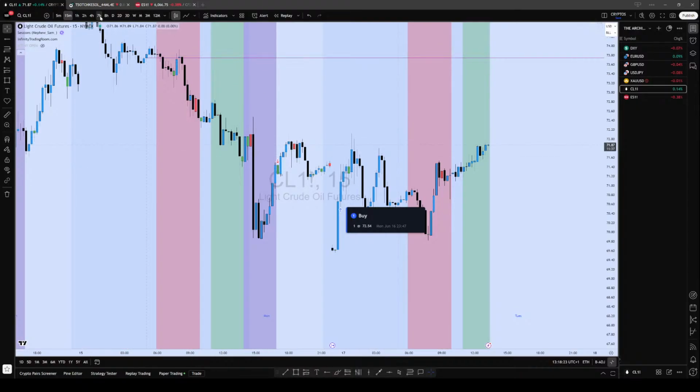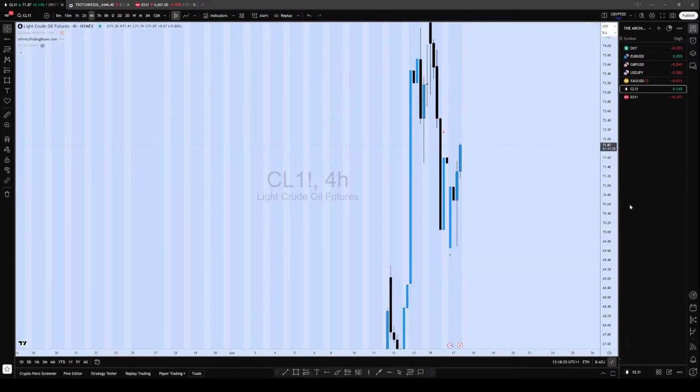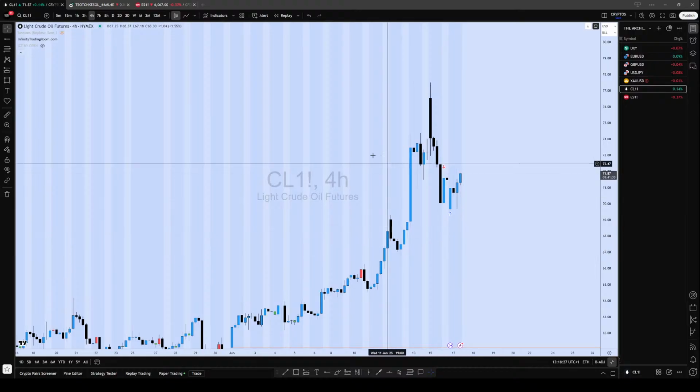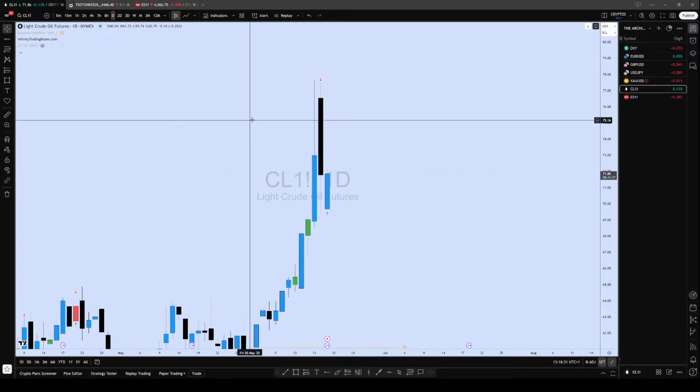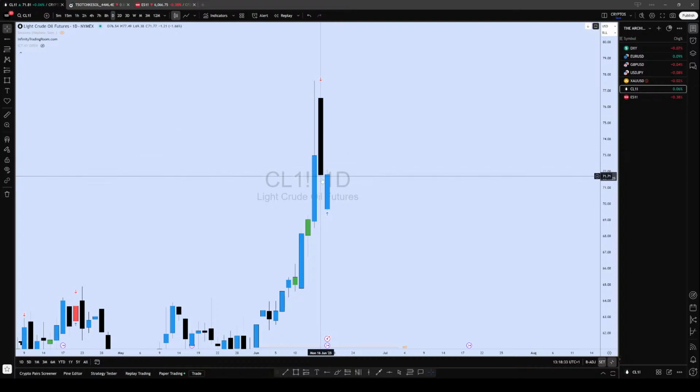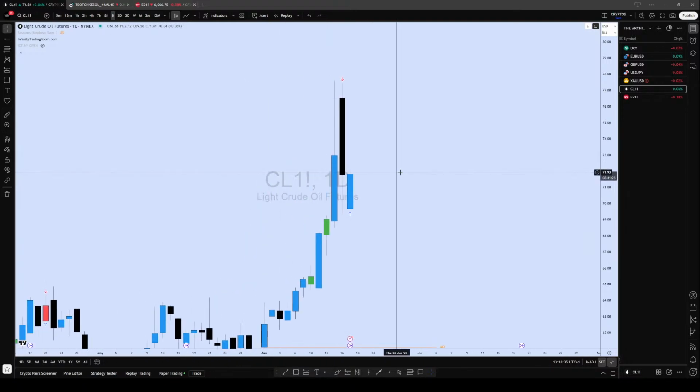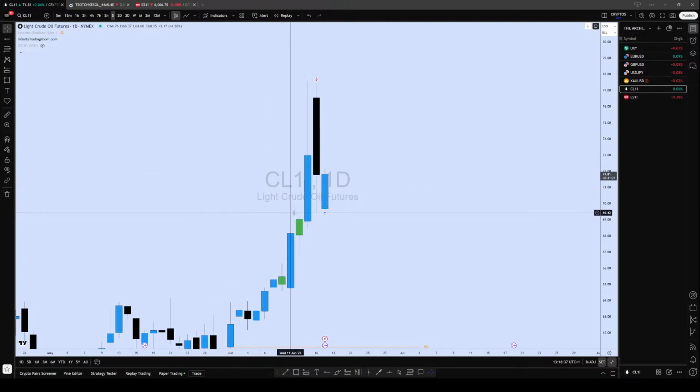But I'm still expecting price to actually drop down a little bit more. Again, the week is bullish. We are not bearish, we are bullish. So this is just a pullback. All I was looking for was for them to come and touch this candle. That's all I was looking for. That's the order block, right?